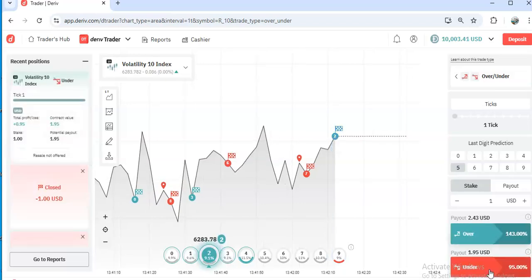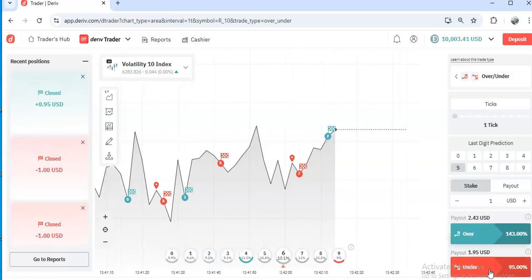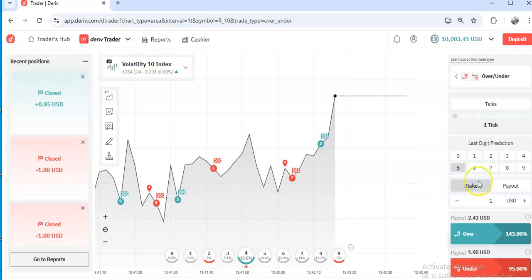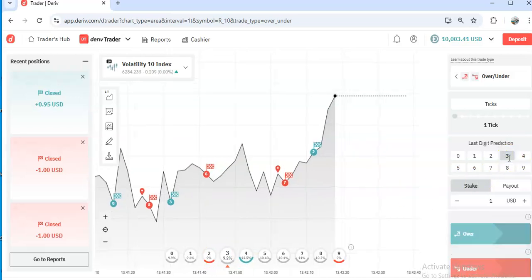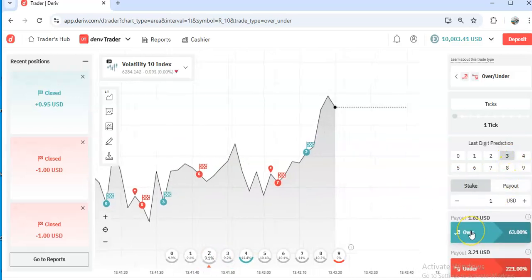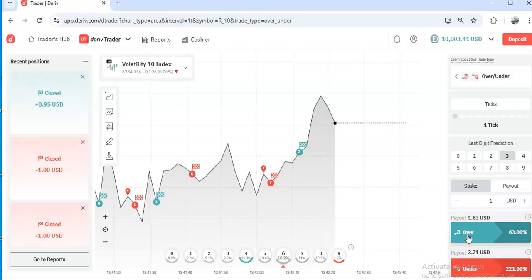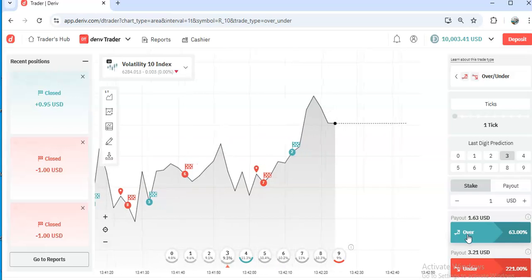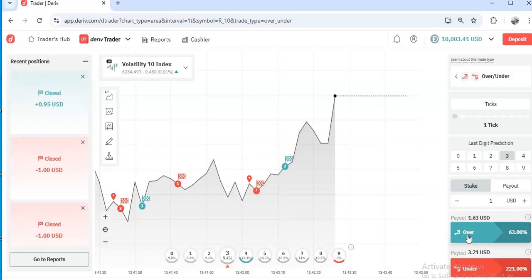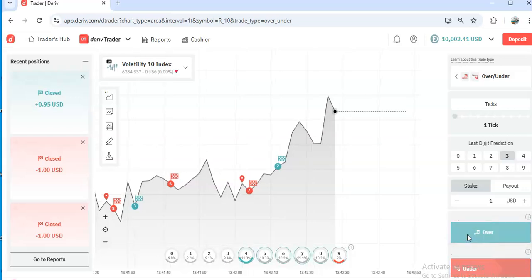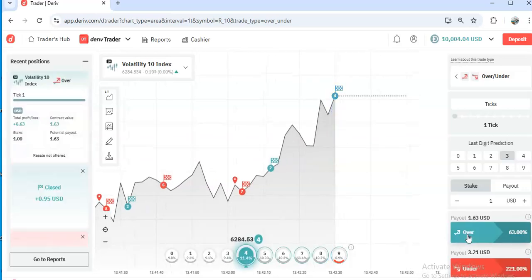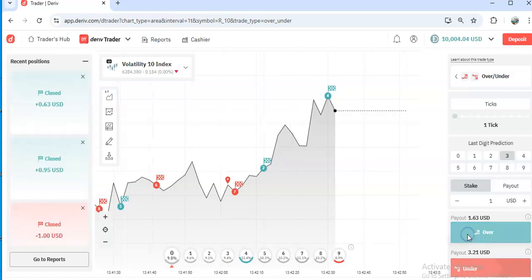But this market, I think it's for over 3, so I think we can switch and see. This market is a good market for over 3, because in my previous video, I did show the percentage. It's a good market for over 3.